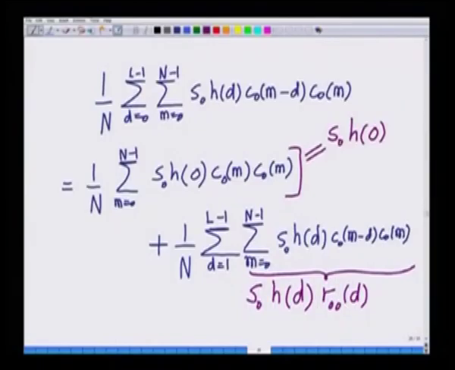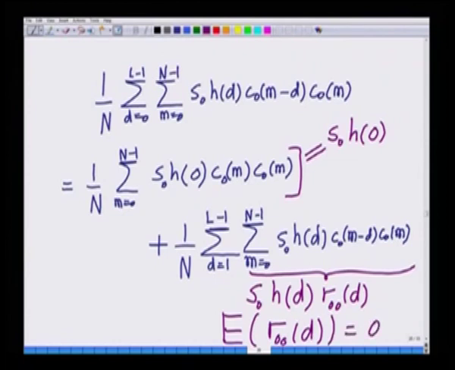However, for the rest of the paths, because the CDMA chip sequence has been shifted, the correlation with C0 of m is nothing but R00 of d, which corresponds to the shift, and we know that the expected R00 of d is 0.